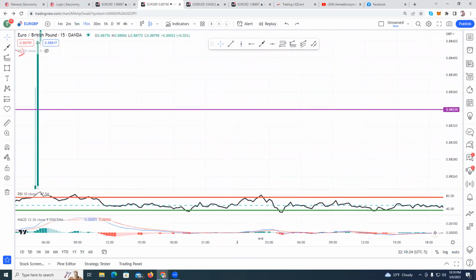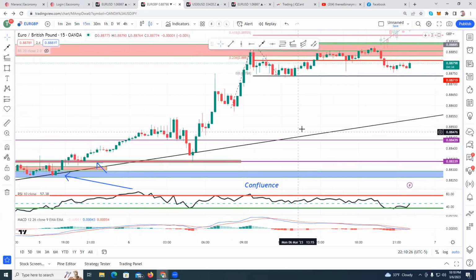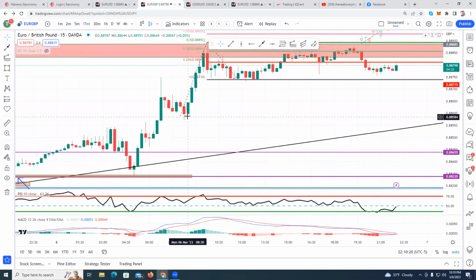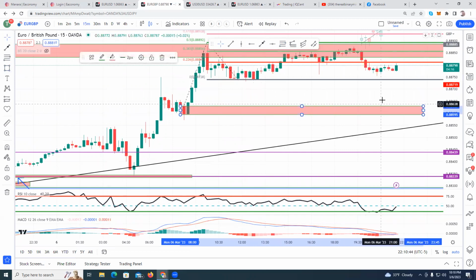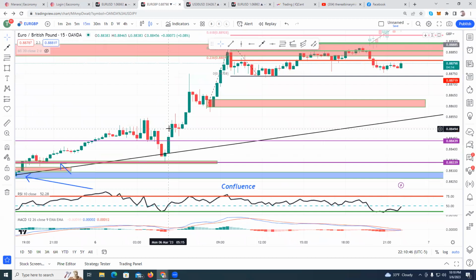Okay, 15-minute time frame. Here we are. Boom. What do we have here? I'll just highlight it with a box. We have an engulfing order block.